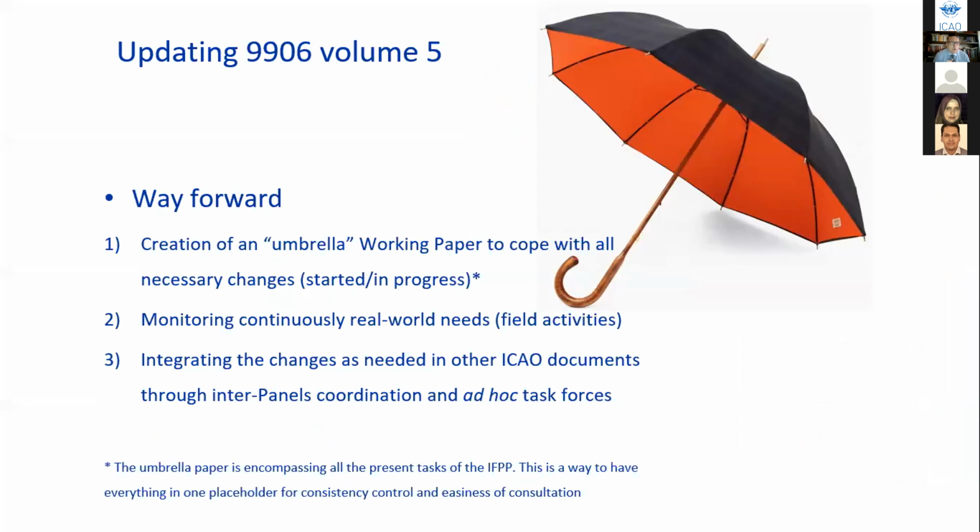And we are close to the end of this presentation. So the idea that we had was to prepare an umbrella paper, which is a big paper that encompasses all the needs that we have foreseen for the maintenance of the 9906 series of documents, and not only, and also for the revision of certain chapters of the PANS-OPS.